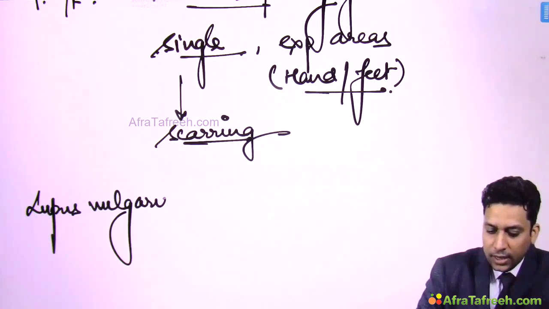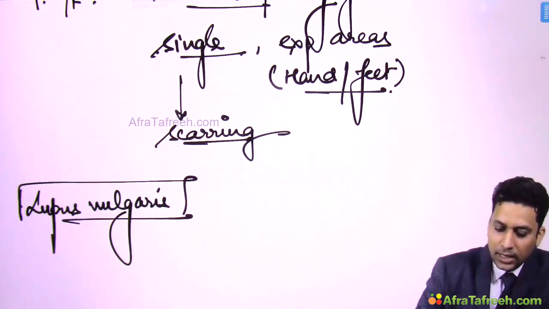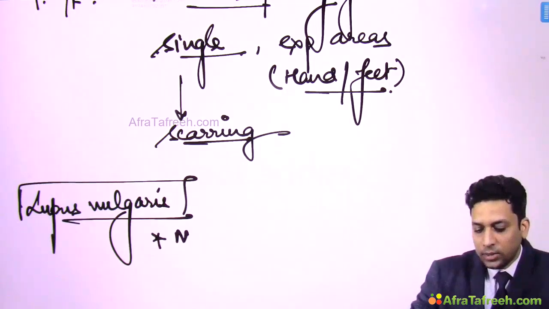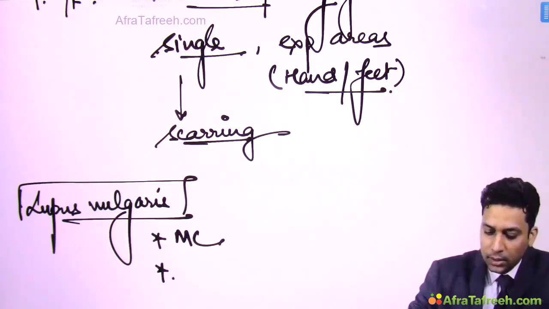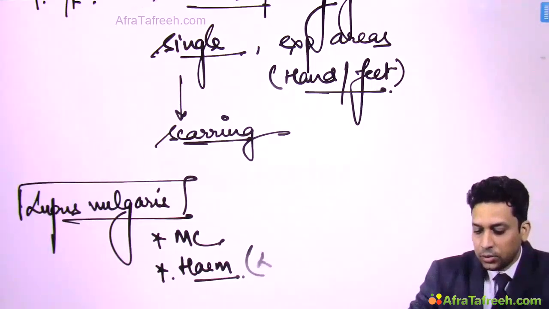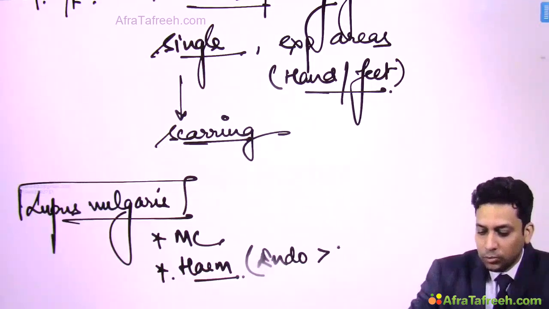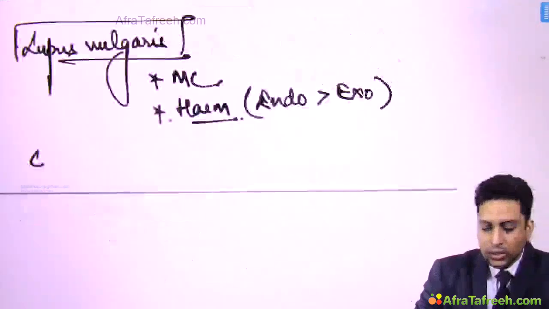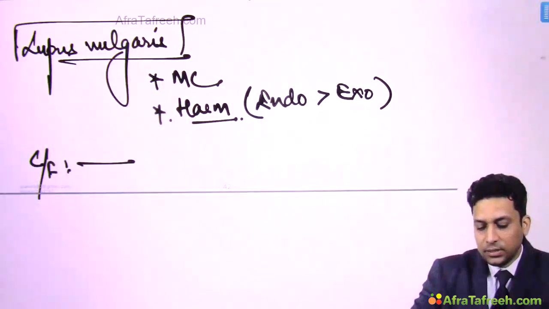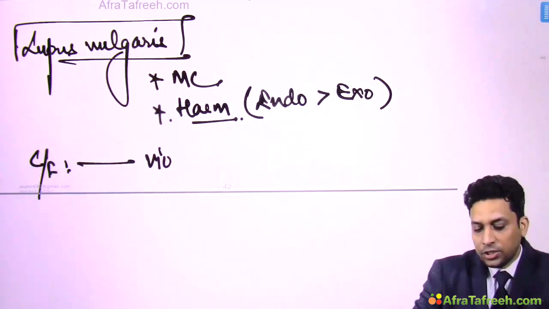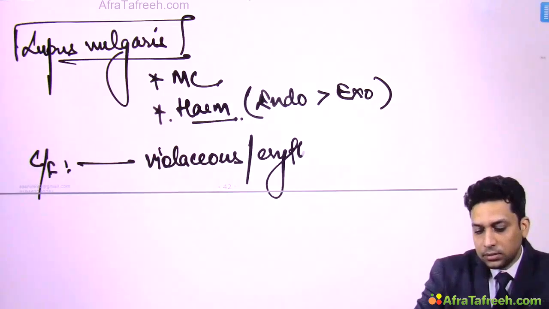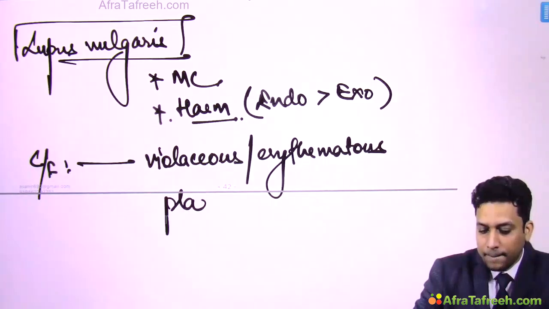Next is lupus vulgaris. As I already told you, this is the most common type of cutaneous tuberculosis, and generally it occurs due to hematogenous spread, so this is included in endogenous more than exogenous. How do they clinically present? Clinically they present with a violaceous or erythematous plaque.